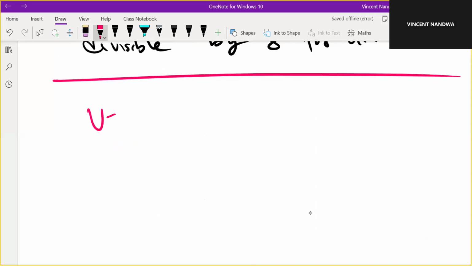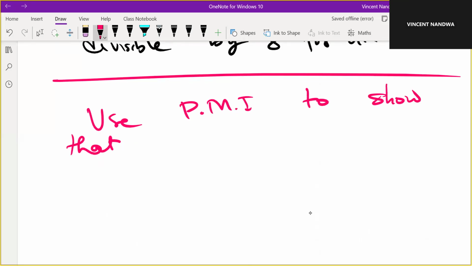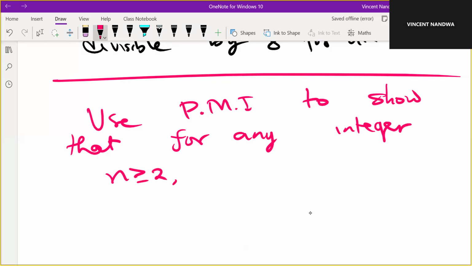So the other one is use principle of mathematical induction to show that for any integer n greater than or equals to 2, 3n squared is always greater than n plus 1 squared.